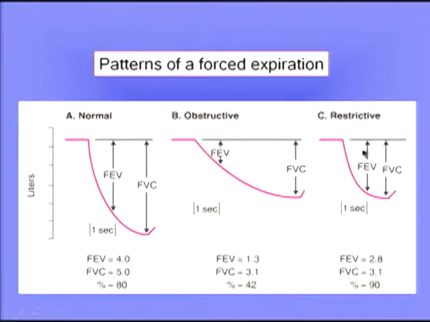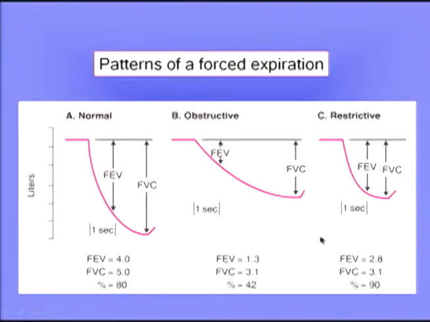The forced vital capacity and the FEV are reduced because the volumes of the lung are grossly reduced. But the FEV as a percentage of the FVC is normal or may be increased. And you can see this here. In the normal subject, the FEV as a percent of the FVC was 80%, grossly reduced in obstructive disease to 42, but in this particular example, in restrictive disease, actually increased to 90%.